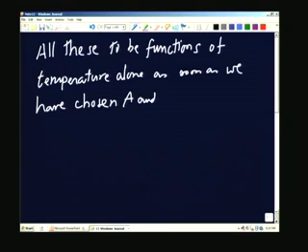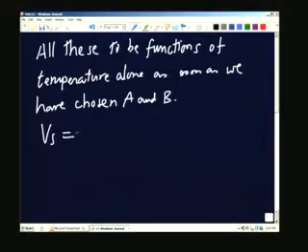It looks like a very simple and straightforward statement, but it is very important, because once you have two materials A and B, then there is a unique relationship between these coefficients and the temperature.